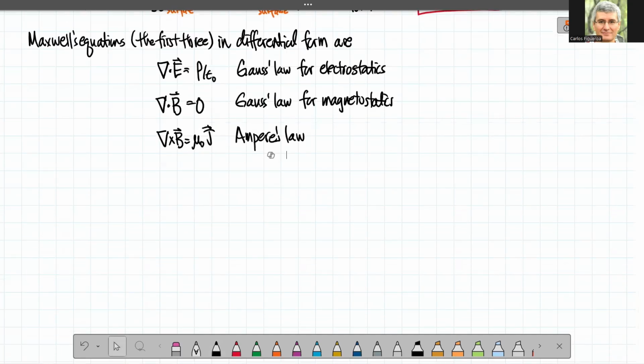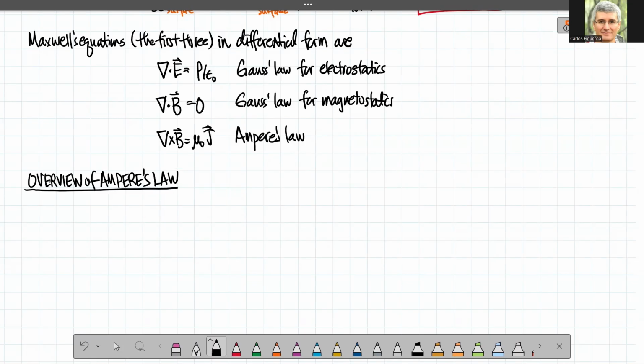So now we just have to wrap this up and sort of give an overview of Ampere's law. So let's do that. So the first thing that I would do, which is the important one, is that I need to start off with Gauss's law.